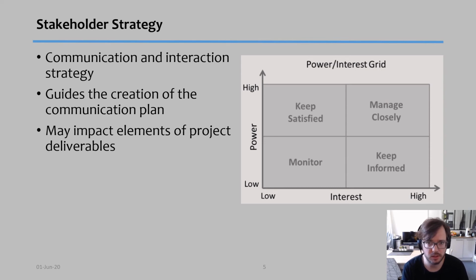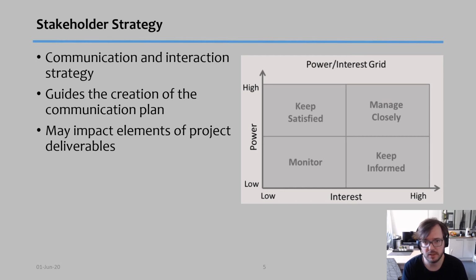That means we keep an eye on them and collect information in case the situation changes, because that person might get a promotion, or have a change in their life or career that makes your project all of a sudden of high interest, or gives them high power over your project. So monitor is indeed the easiest one, because all you have to do is check how things are going and if there is any change.